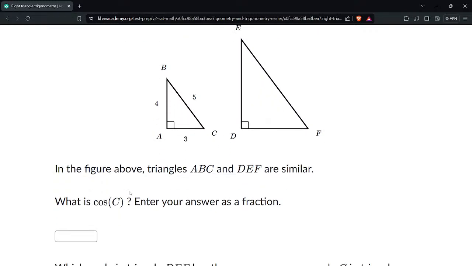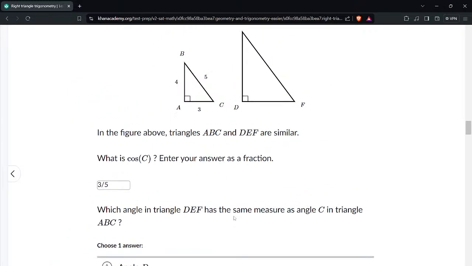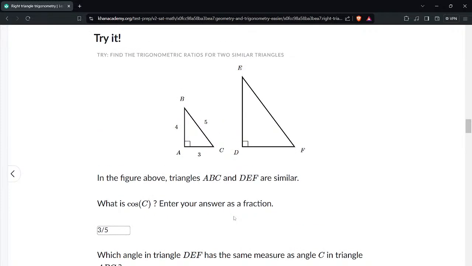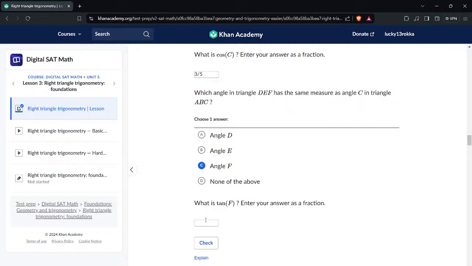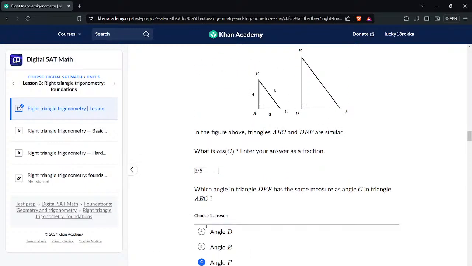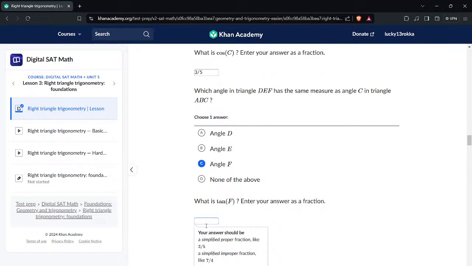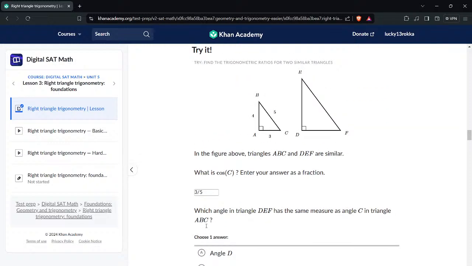Yeah, what is it called? 3 by 5, right? It's 3 by 5. DEF. ED by DF.